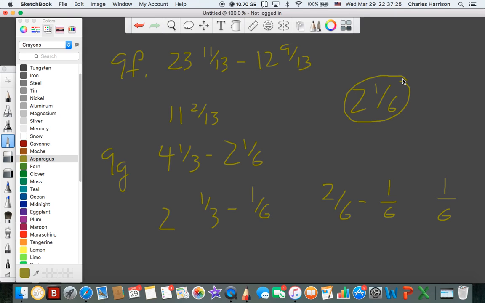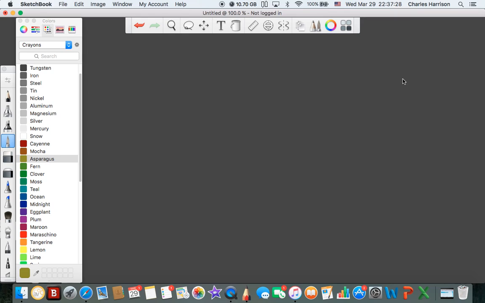I'm running out of room, so let's delete all that, and now we're doing 9h. 9h, that's 10 and 4/5 minus 4 and 9/10. Well, we do the integers first. We can do 10 minus 4, which is 6.